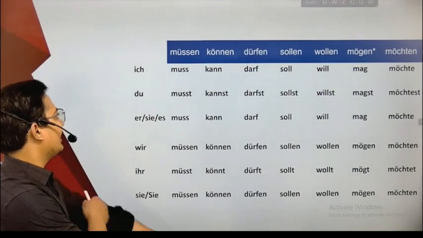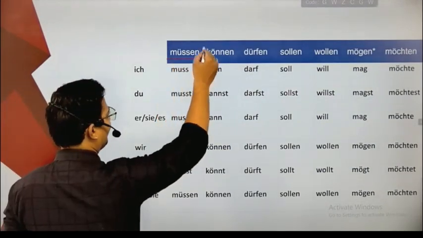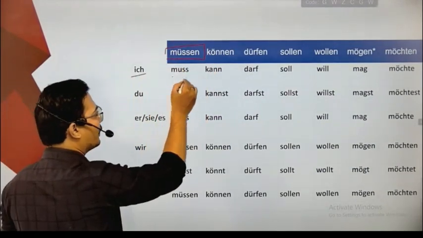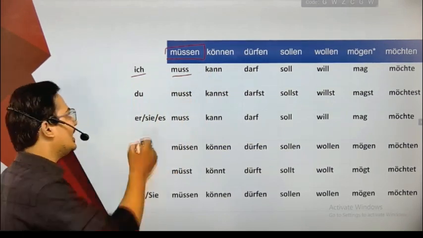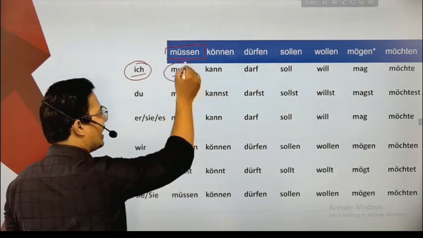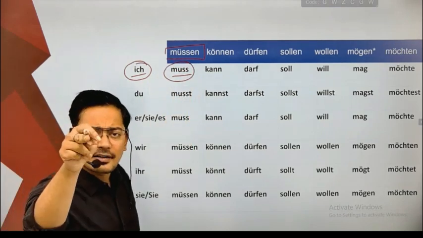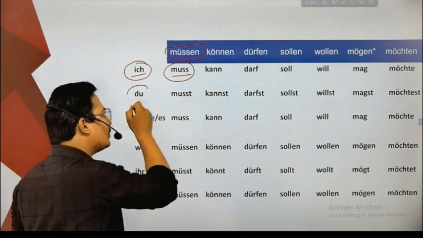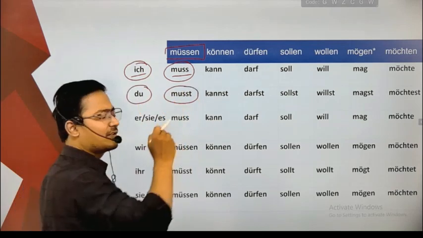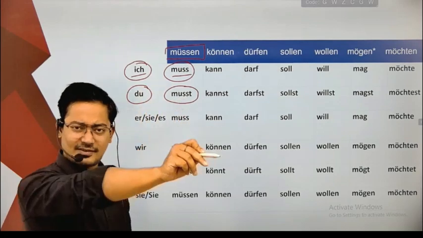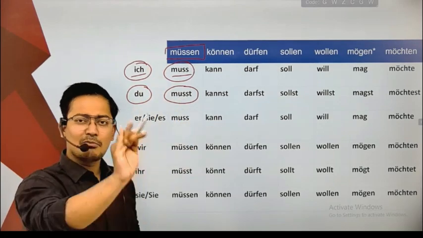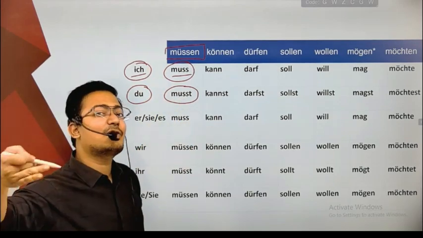Now, see, müssen conjugation. Ich muss. If I want to say I must, then ich muss. If I want to say you must, then the subject is du, and the verb is du musst. If I want to say he, she, it must, all the time I am saying must in English, but in German it is conjugation.